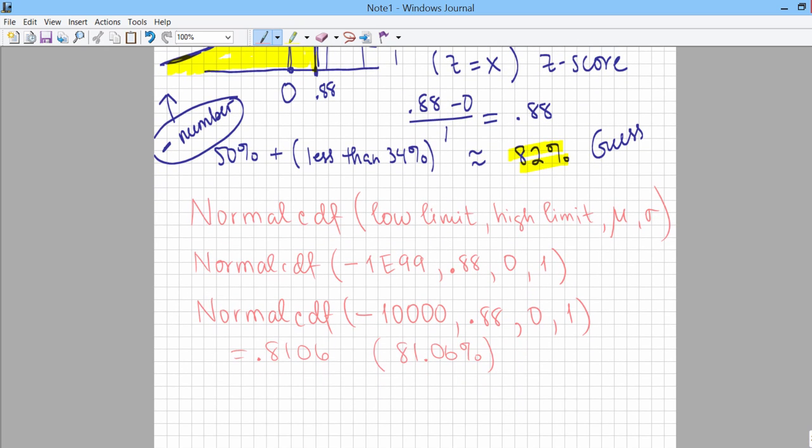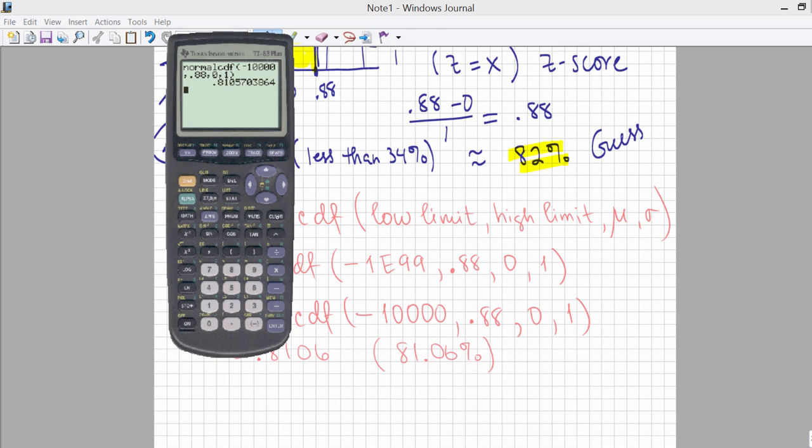Let me show you how you plug in that E. Let's go back to second, variables, command 2. How to do E? It is not the exponential E, it is this E right here.